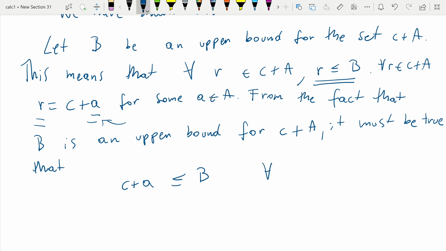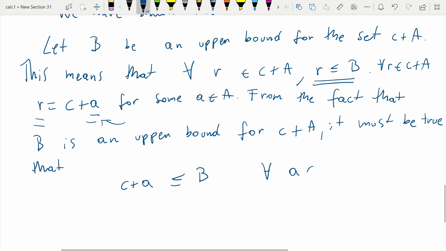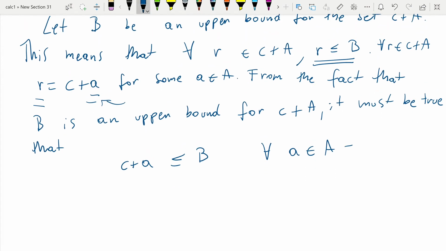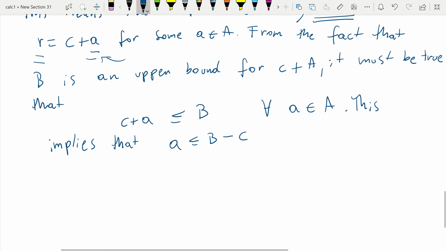So what is arbitrary here? The lowercase a, for all. I mean arbitrary as long as it belongs to the set A, for all a in A. And so this now implies that a is less than or equal to B minus C, right?